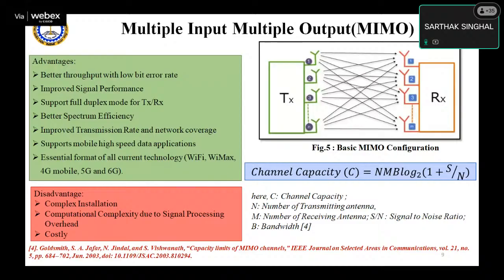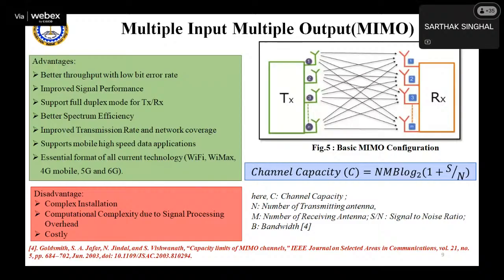And if we are talking about 6G, in which we are talking about 500 elements, the channel capacity will increase, you can say, 25 into 10 to the power 4 times, which is pretty high.